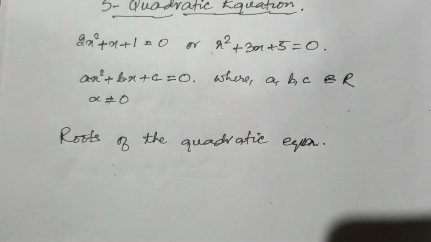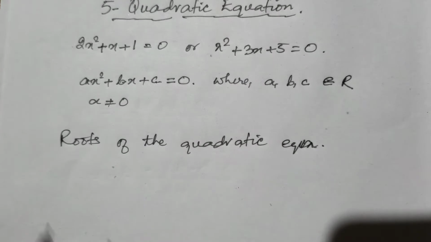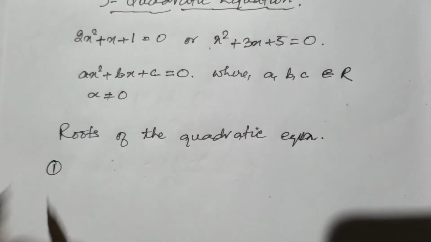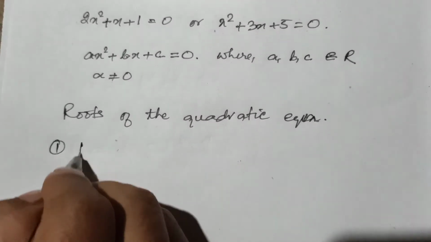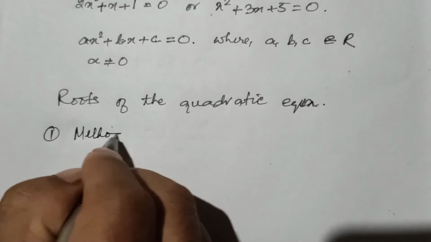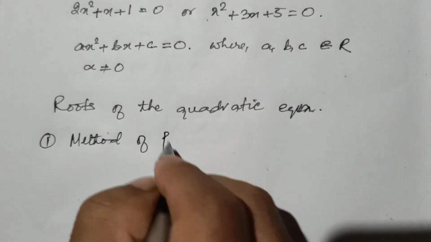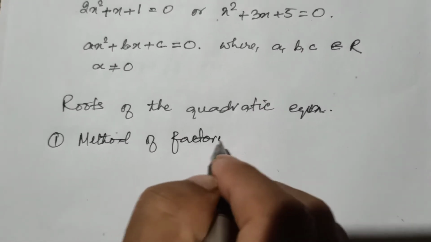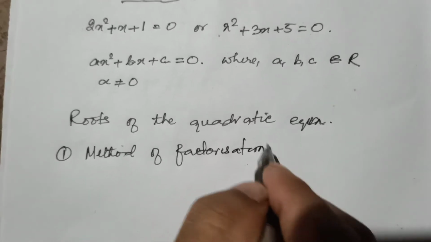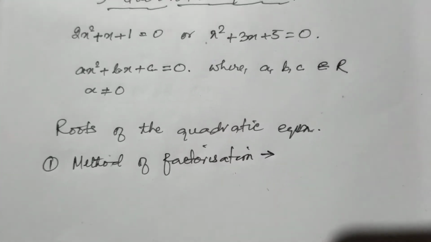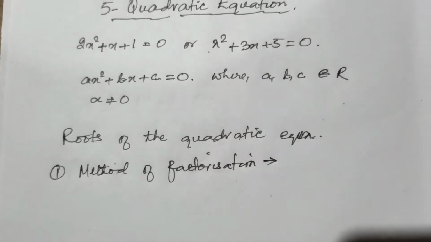And to solve a quadratic equation, there are two methods here. I'm going to write down the two methods. The first method is the method of factorization, which is also known as splitting the middle term, that you have studied in class 9 already.